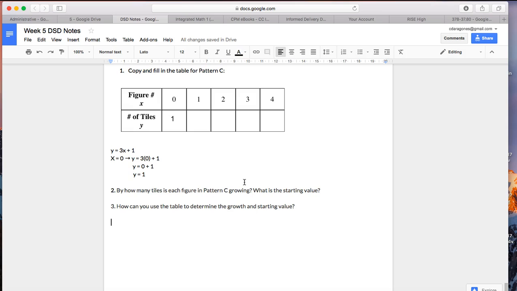It's okay if you're not quite sure, just do your best to explain your thinking behind your answer to number 2 and how you can use this table. So again, you don't have any tile patterns. You're using a table. So how is that different? How are you using this tool for this question? So pause the video while you answer number 3 and then keep the video playing when you're finished.